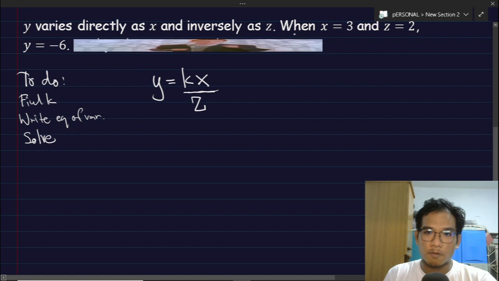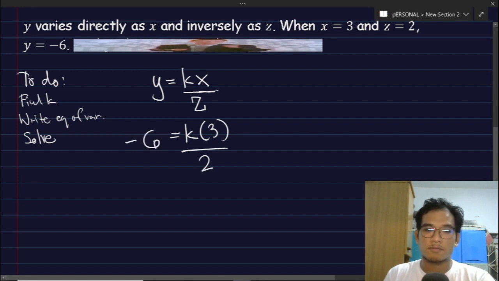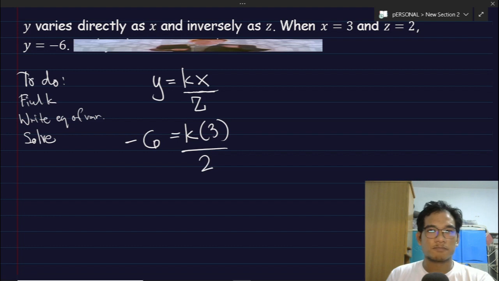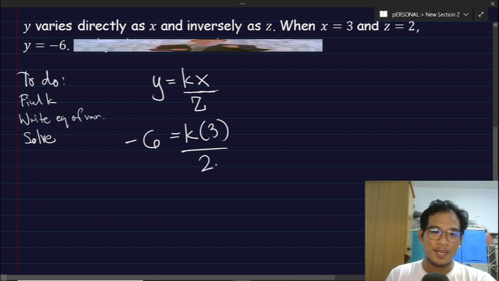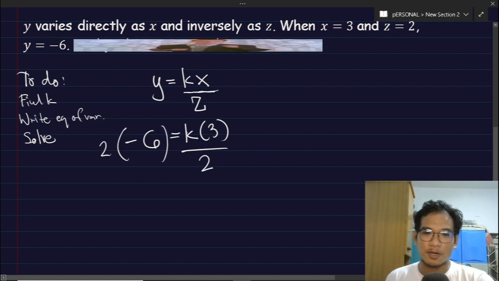So according to our problem, when x is 3 and z is 2, y is equal to -6. So we're going to substitute those values in our equation. Okay. So after doing this, fractions are scary, right? So we need to find a way to get rid of the denominator on the right side of the equation. To do that, we need to multiply both sides of the equation by 2.